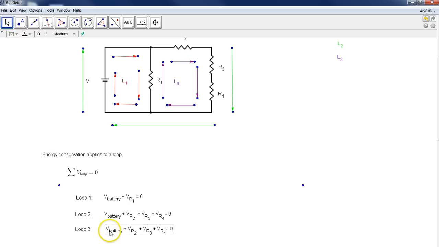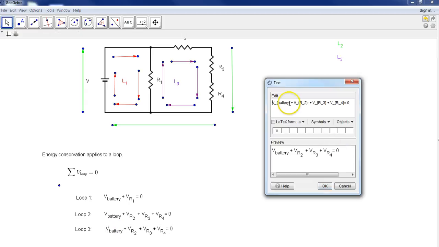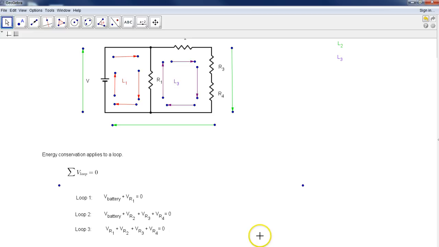And instead of having the battery there, we have voltage from resistor 1. What this constitutes is our first circuit law, conservation of energy, or we could call it Kirchhoff's loop rule.